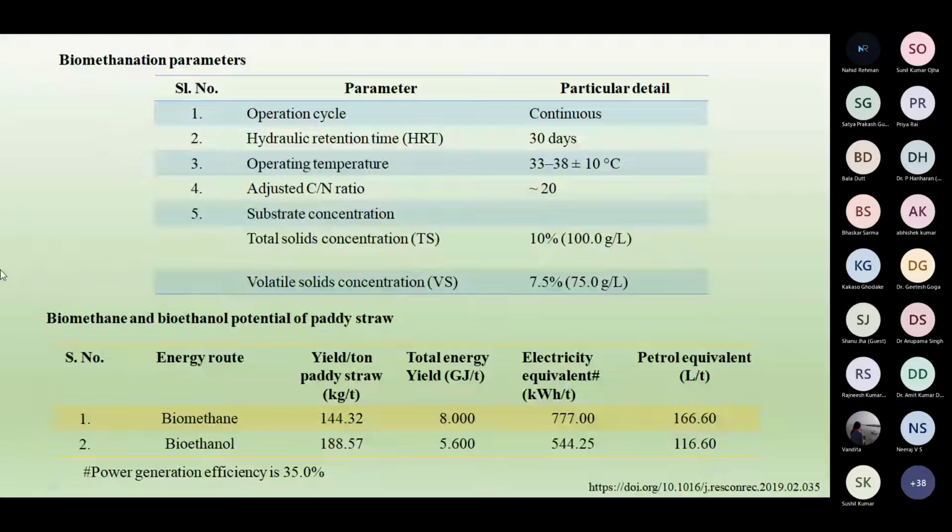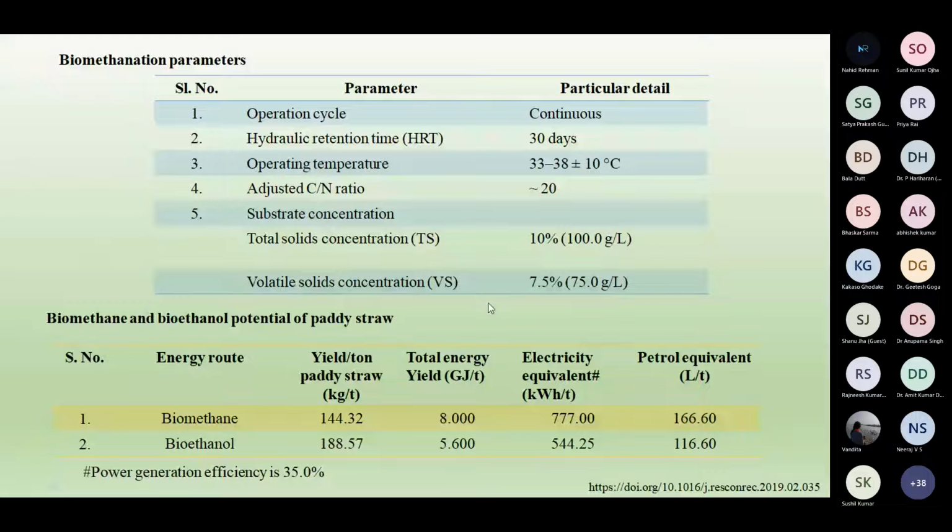This operating condition is used for biomethane formation. As I have told you, many parameters have an impact on these outputs, like operation cycle, hydraulic retention time, operating temperature, adjusted carbon to nitrogen ratio, and total solid and volatile solid concentration.